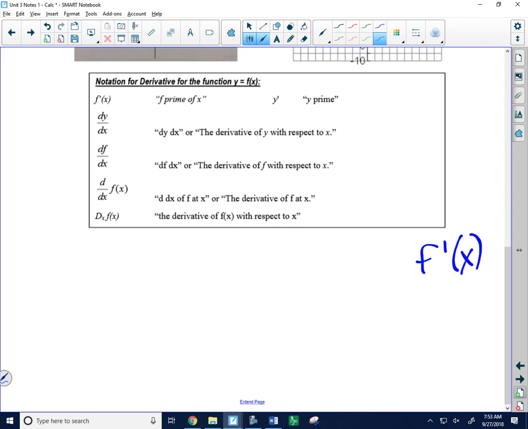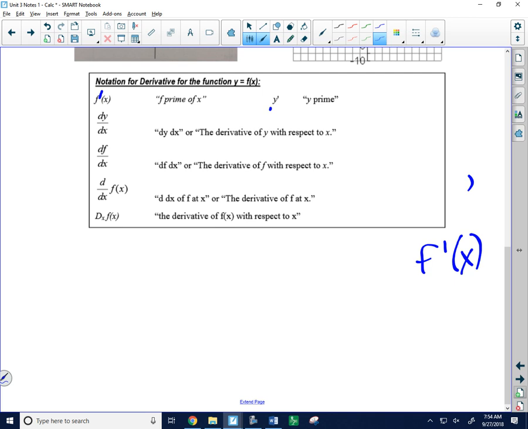It looks kind of like an apostrophe, but it's actually just straight. It's not actually curved like that. It really is just a straight little line. So f prime of x, or maybe if the function's y, it might be y prime. It could be z, and then z prime. So that's one way to write it.